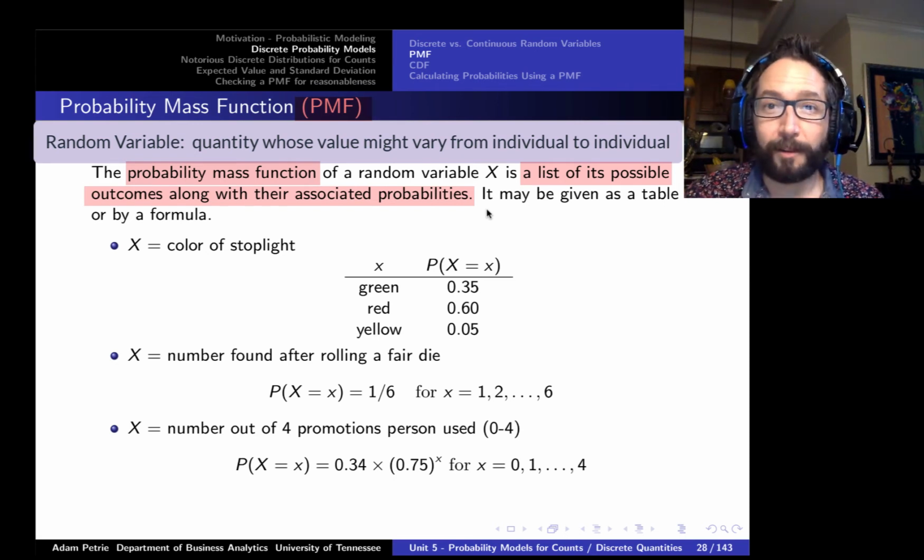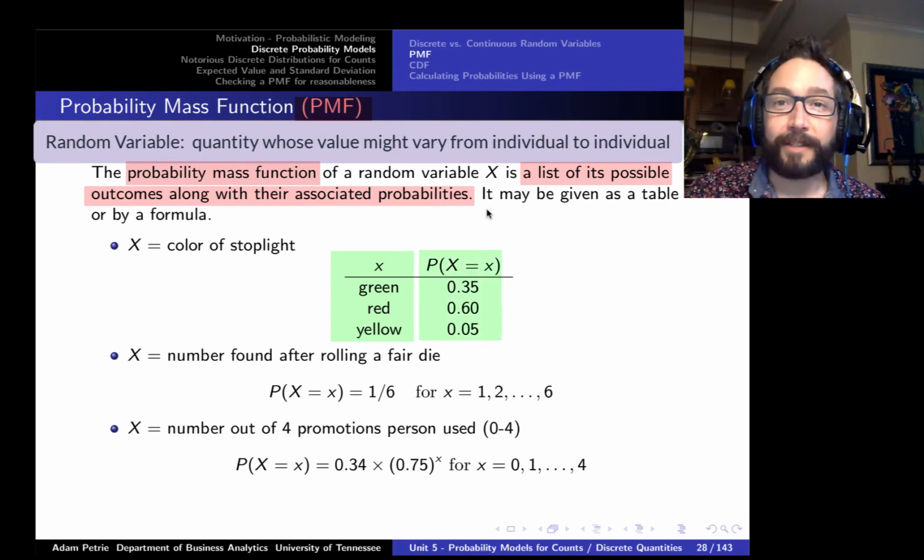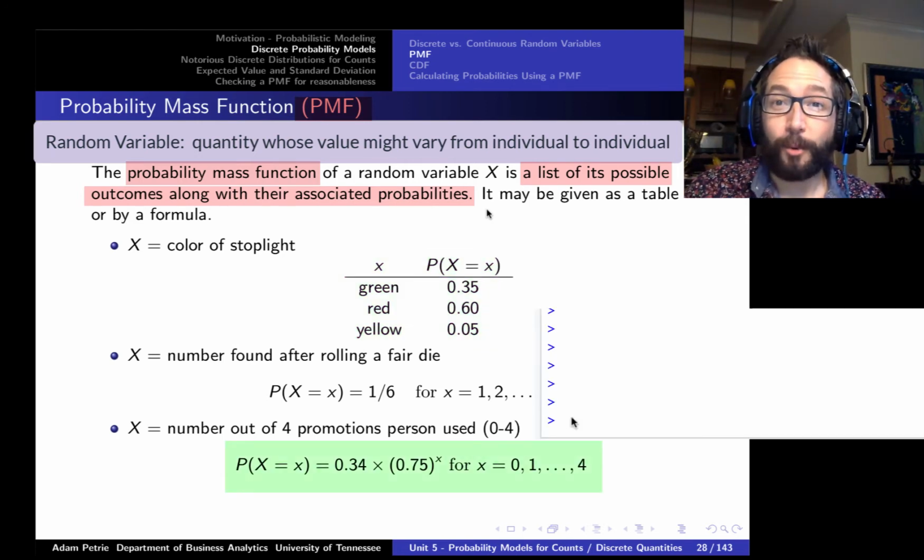We might have one column that gives us all possible values that might be observed, like green, red, yellow, if we're studying the outcome of a stoplight, and then a second column that gives the probabilities of each. Or we might have an equation where we can just throw in a value of little x, a value we might observe, into the equation to get its probability.